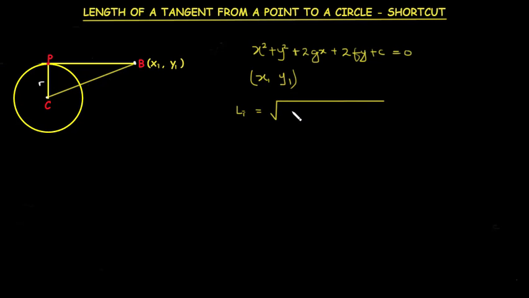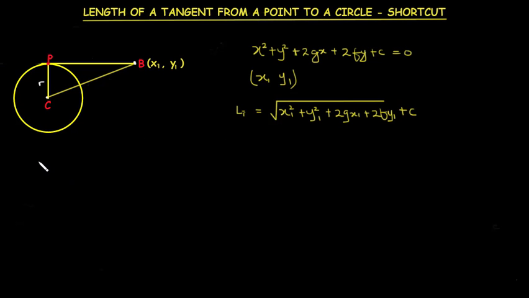So the length of the tangent will be the square root of x1 squared plus y1 squared plus 2gx1 plus 2fy1 plus c.